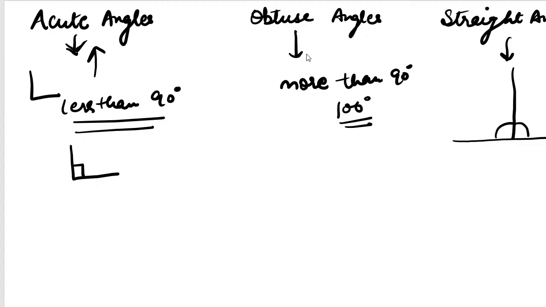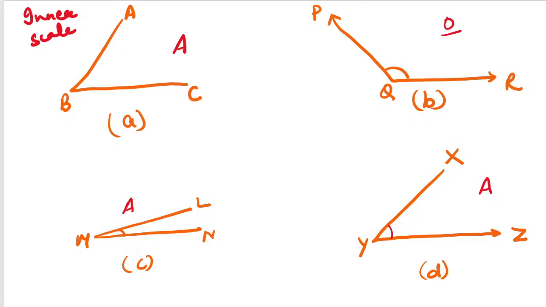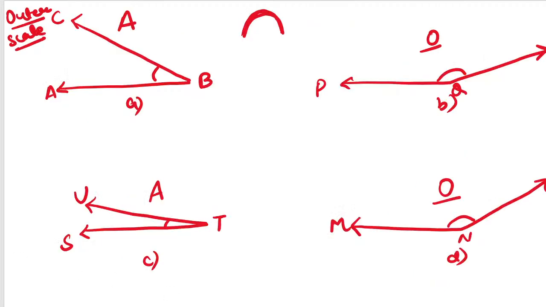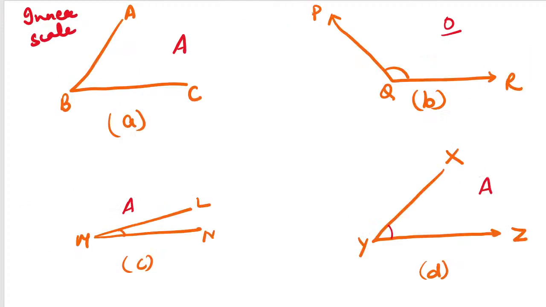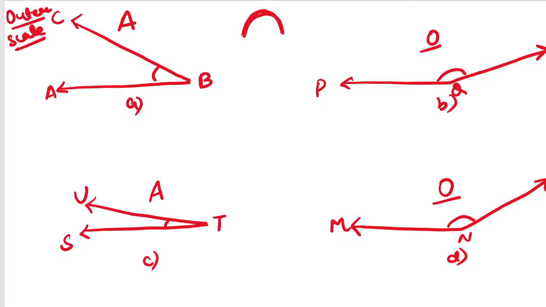So you have to learn this thing. I hope this chapter will help you a lot. C is an acute angle. Yes, you are correct. C is an acute angle in both the cases.